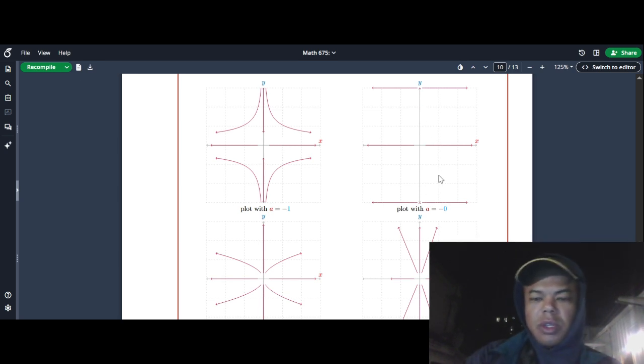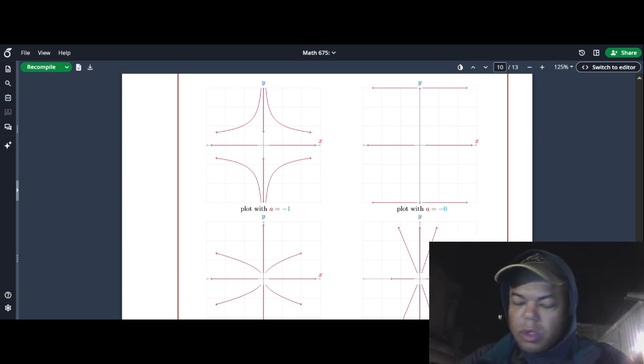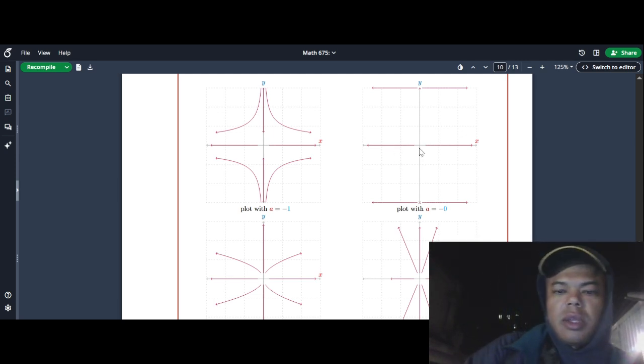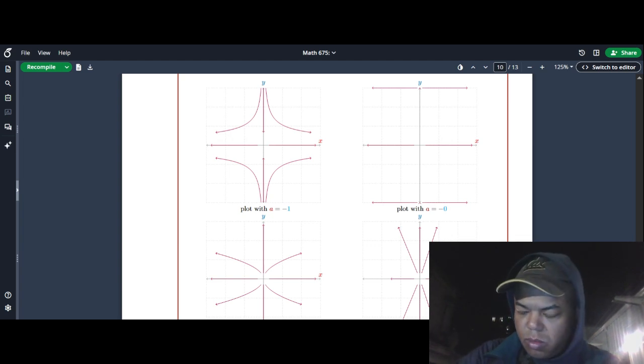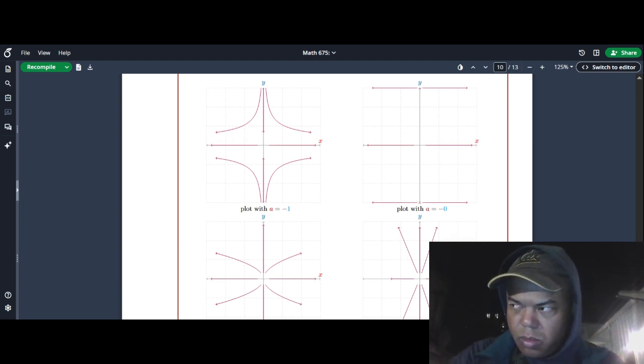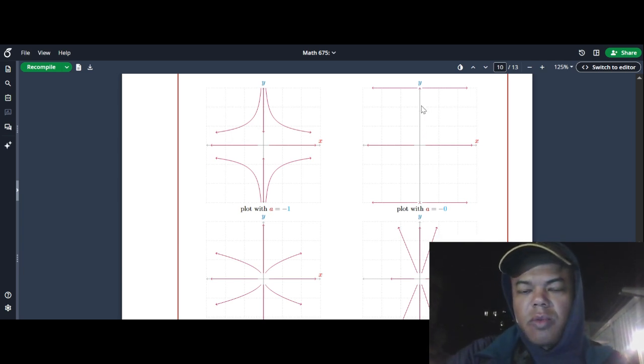When a is equal to 0, every y value is a nullcline in the y direction, and x equals 0 for the x direction.